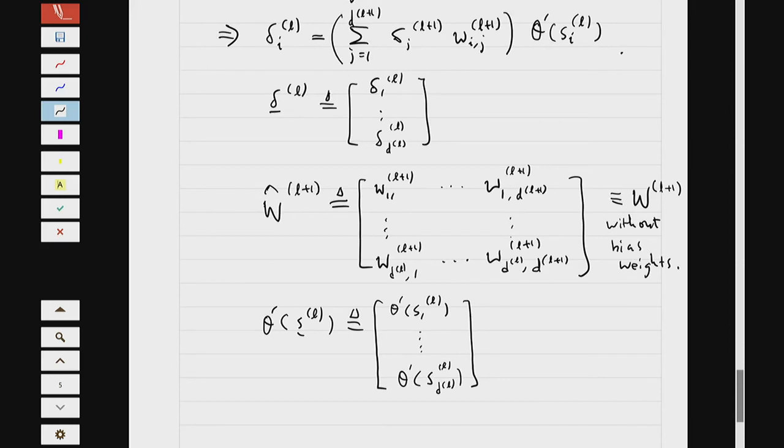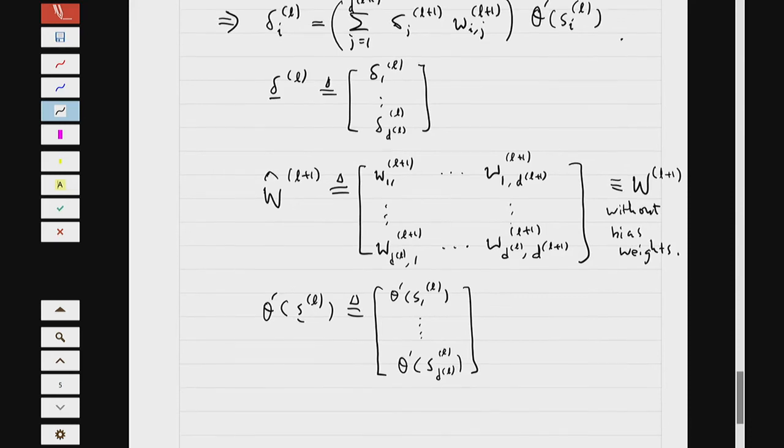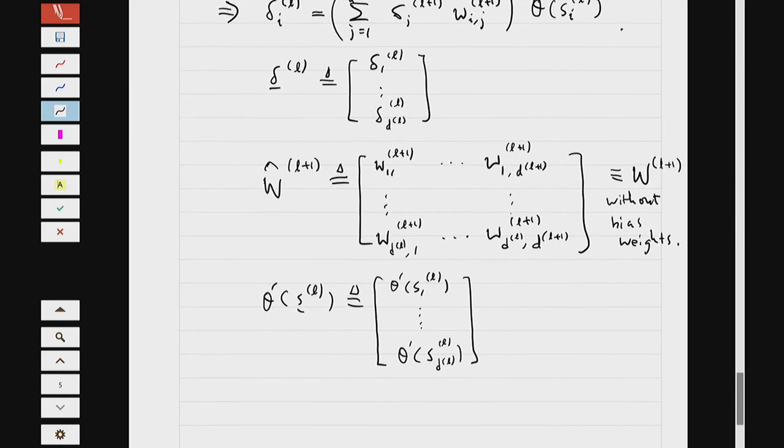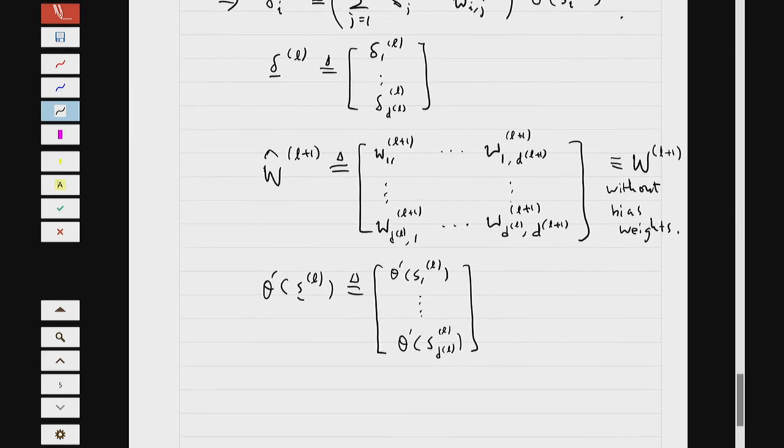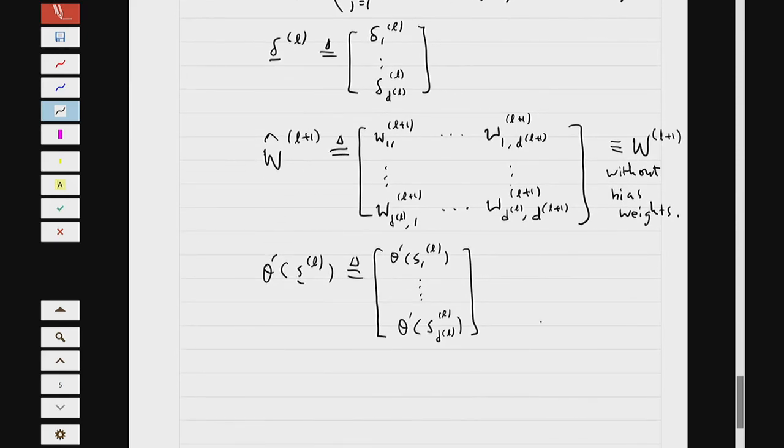There's no mystery there. Just have patience to keep track of which layer, how many neurons are in that layer, and what symbol we use for that.